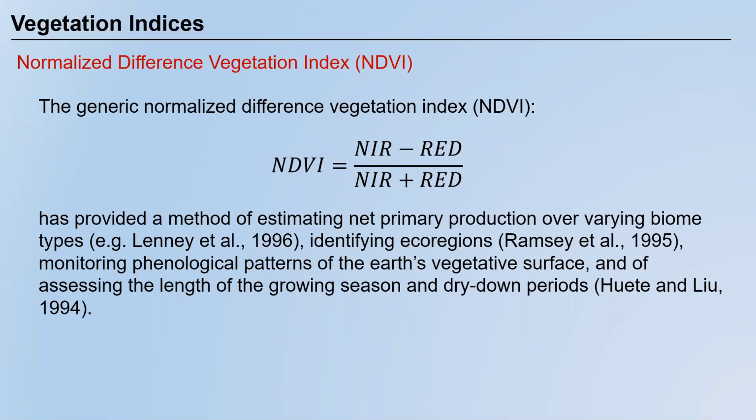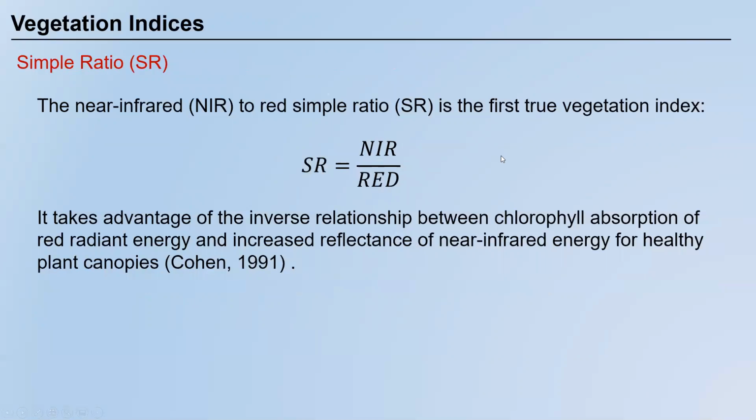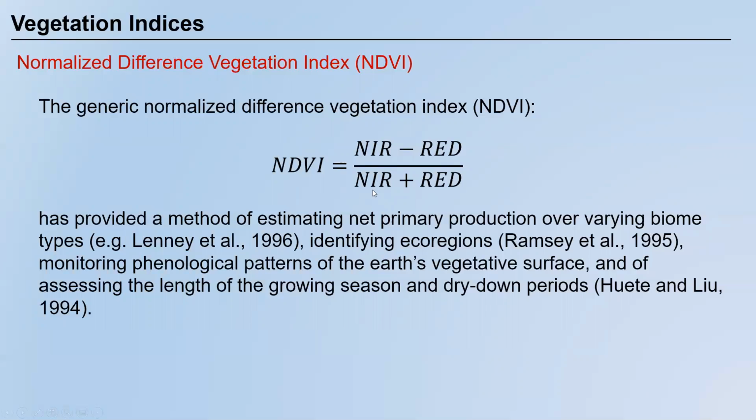And NDVI here, the generic normalized difference vegetation index, still uses near infrared and red bands to address abundance of vegetation, just like SR. But it is called normalized because the denominator of NDVI is the sum of near infrared and red.